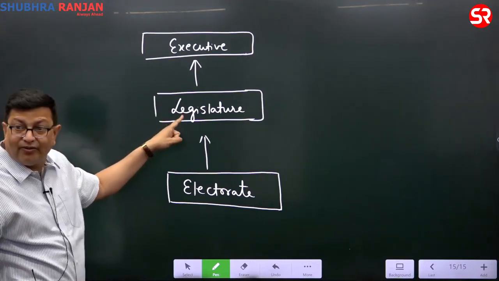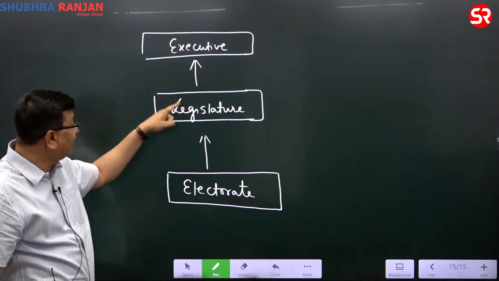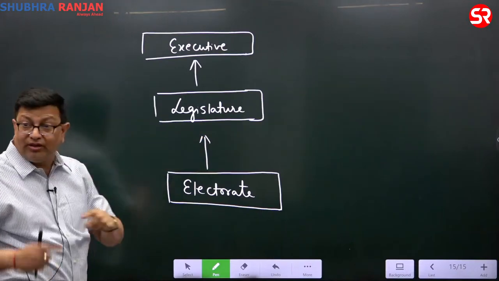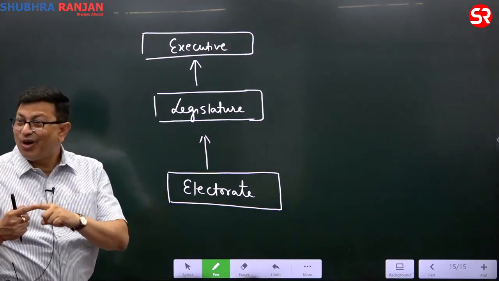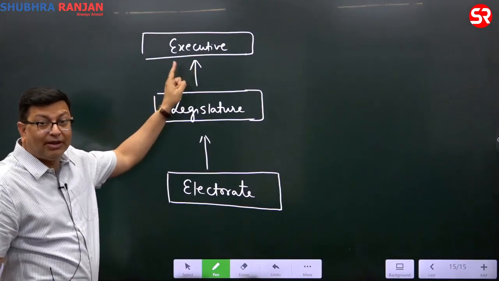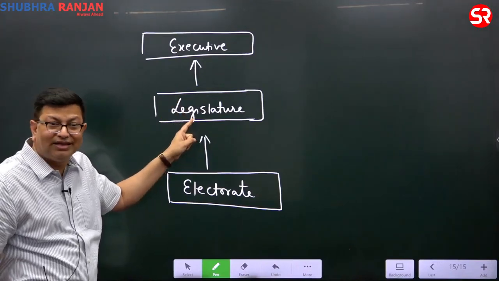So this is the point that we had written, that the members of the executive must be the members of the legislature. The vice versa will not be correct. All the members of the legislature are not the members of the executive, but all the members of the executive must be the members of the legislature.